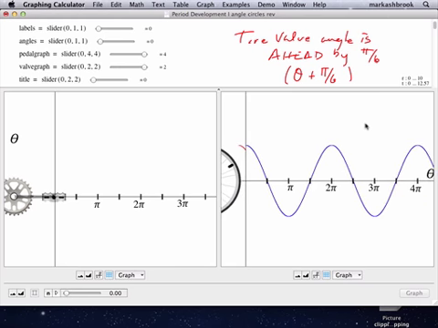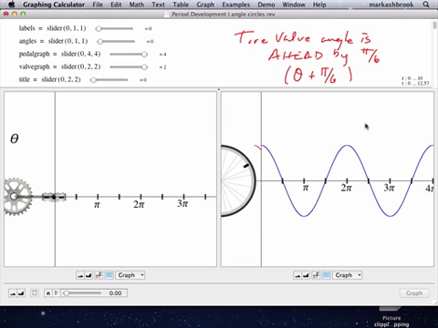So what am I showing there? When the pedal is in the 3 o'clock position, what's happened with the tire valve? It's already started. It's ahead, right? It's already started. It's coming before that. It's ahead. So what's the shift?